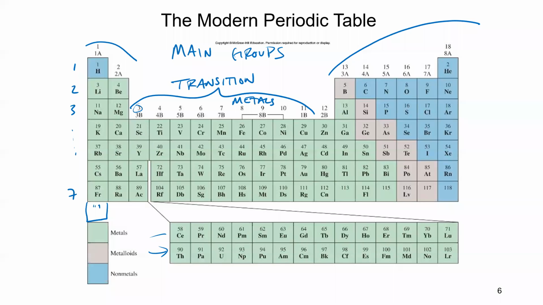And then these down here, right? Really, these two belong in period 6 and period 7, but they pull them out so that our periodic table is not 2 sheets of paper wide, and it fits just on a single sheet of paper, right? That's the main reason they do that. These are called the inner transition metals.